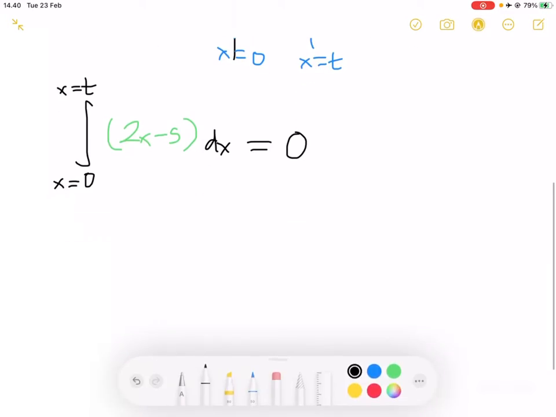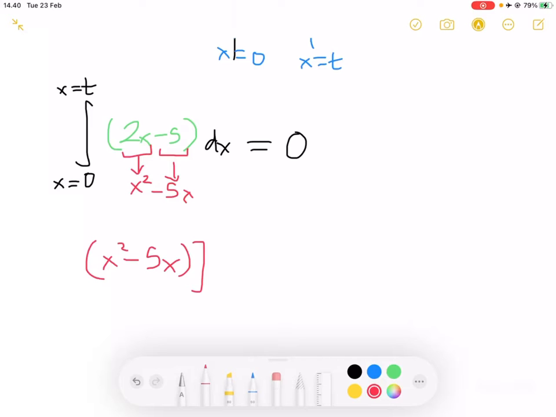With this we can find the antiderivative of the inner function, the antiderivative of each term respectively. So the antiderivative of 2x will be x squared, and the antiderivative of negative 5 will be negative 5x, so this will be x squared minus 5x, evaluated from 0 to t. This is equal to 0.